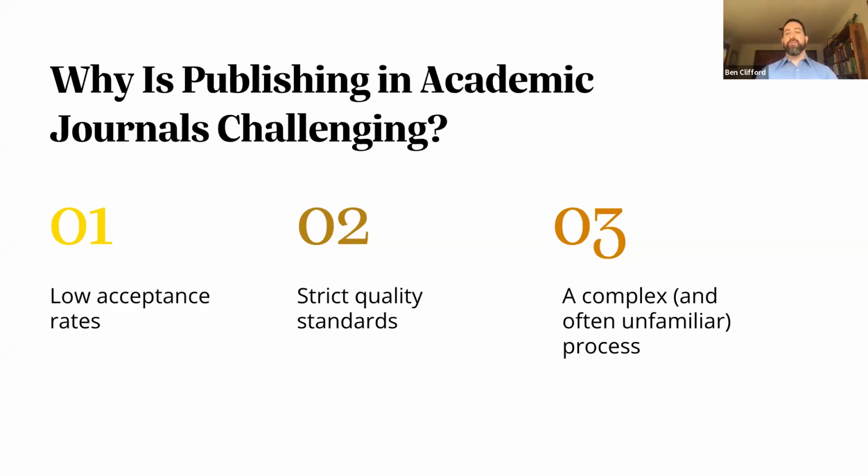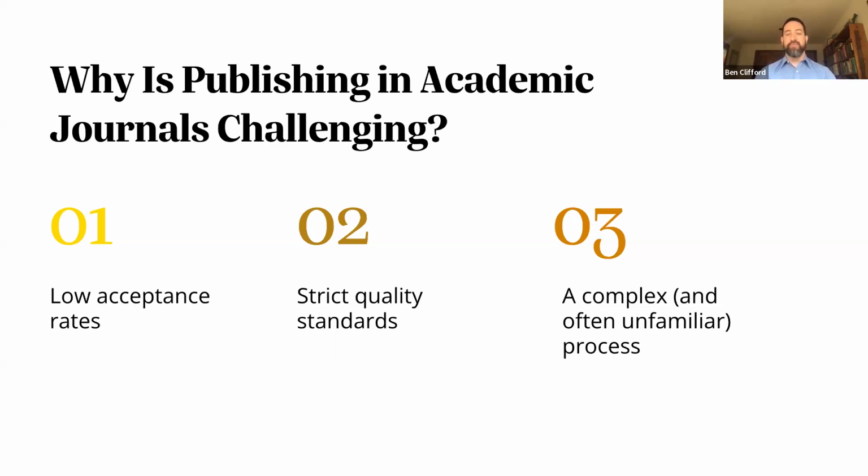Because publishing in peer-reviewed journals is desirable and so useful for professional development throughout a scholar's career, they get a lot of submissions and acceptance rates can be quite low. Like most of what we're going to talk about today, it varies by discipline and by journal, but most well-regarded journals in the social sciences and the humanities will have acceptance rates somewhere between 10% and, at the top end, somewhere around 40%.